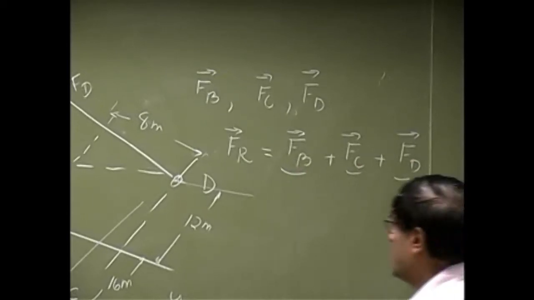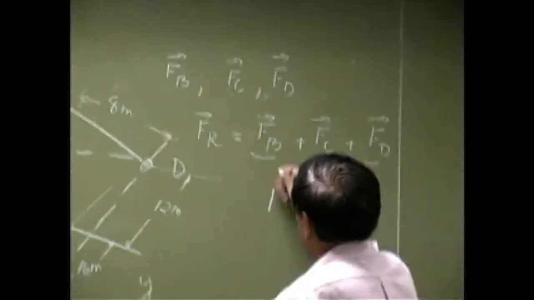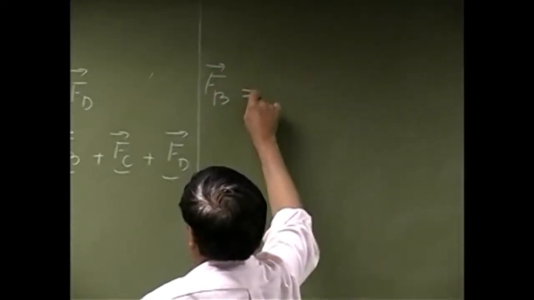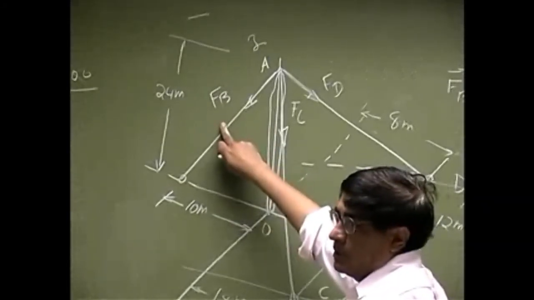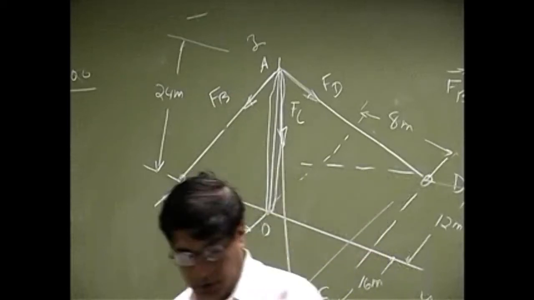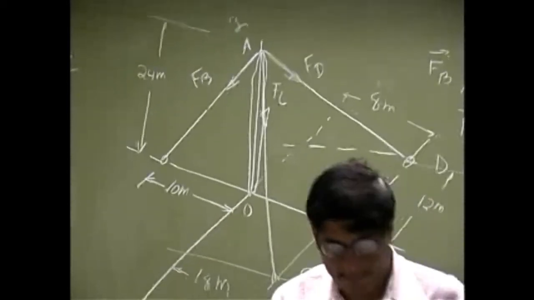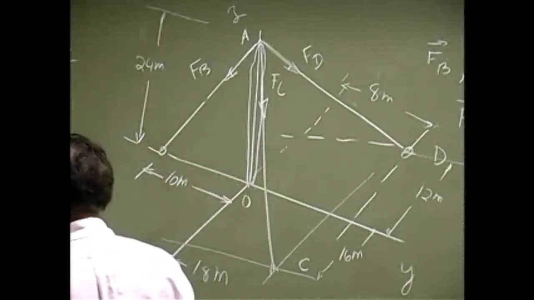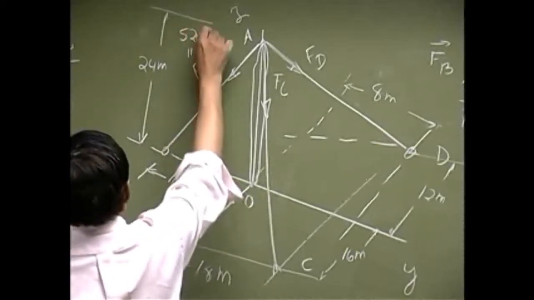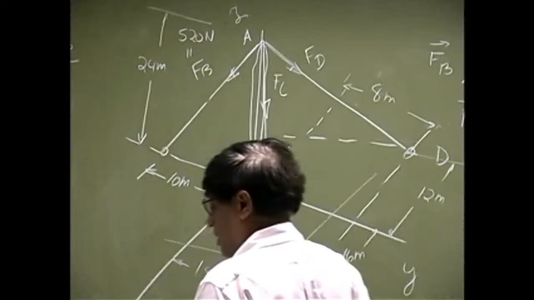So if I look at, let's say, force Fp, then we need to know what kind of information we have for this force Fp. Now we know its magnitude. The magnitude was given as 520 Newton.